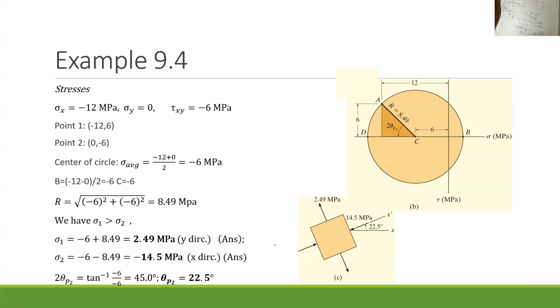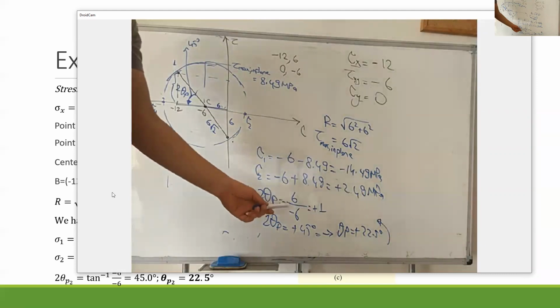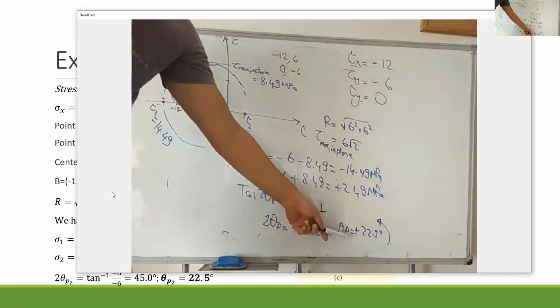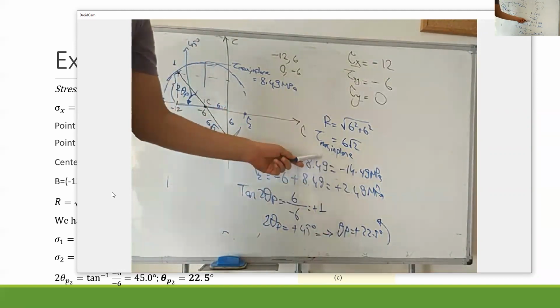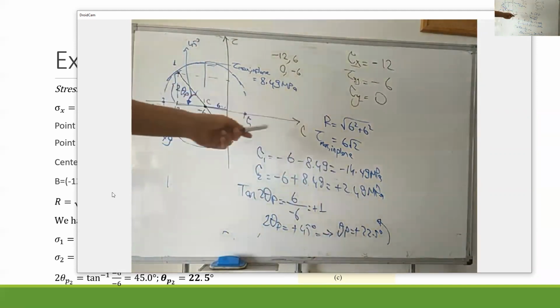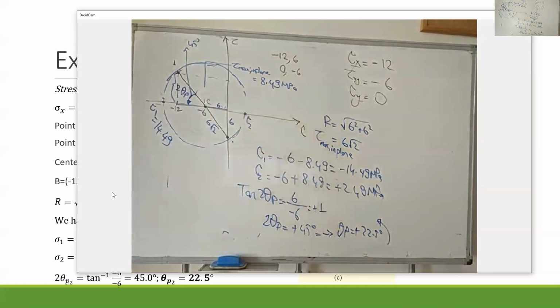By using the Mohr circle, sorry that maybe you didn't see my correction. We found the orientation angle theta p, we found the tau max value, and we found the sigma 1 and sigma 2 values by using the Mohr circle.